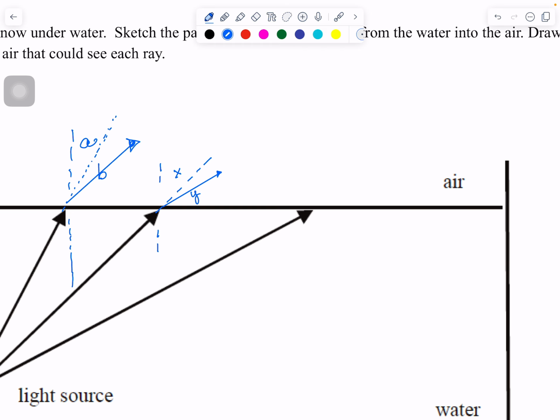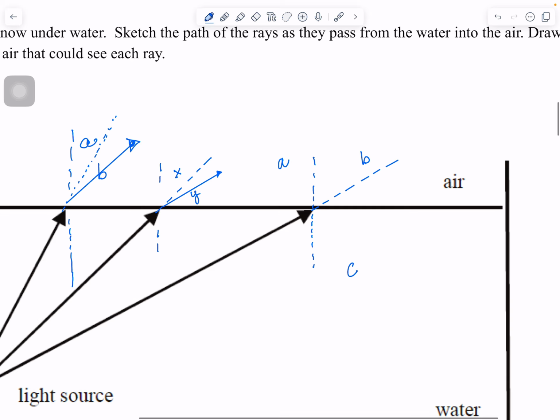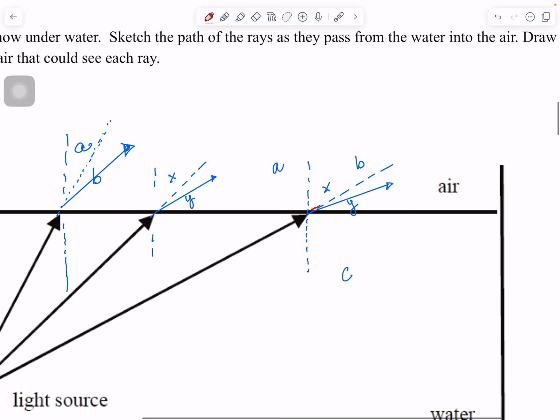Last one, I'll do the same thing. Is it going to be A, B, or C? The answer is it's going to be B. Again, if it doesn't refract, it would just go straight through. So is it going to be X or Y? The answer is Y, because that's bending away from the normal. This is no bend, and this is bending towards the normal.